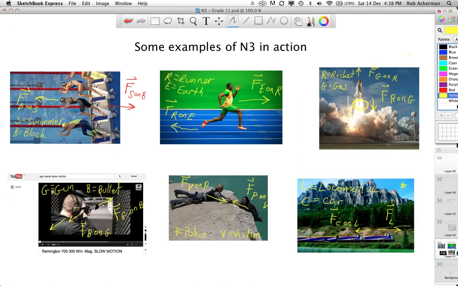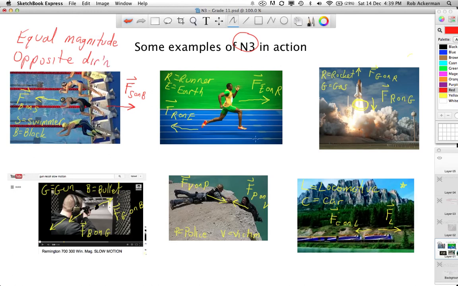Here's what Newton's third law, or rule, tells us. It tells us that these forces have equal magnitude, so the same number of newtons, but of course, as we have seen, they have opposite direction.